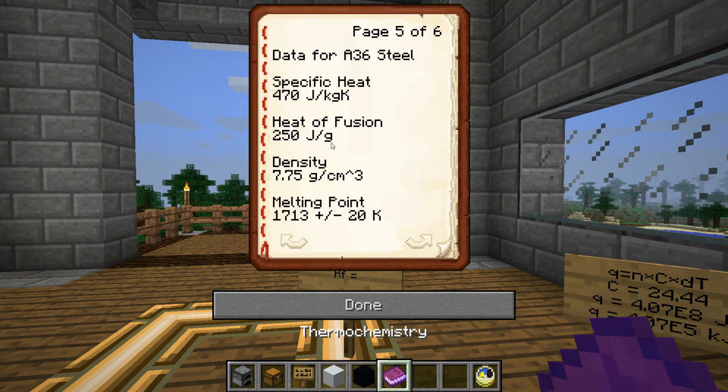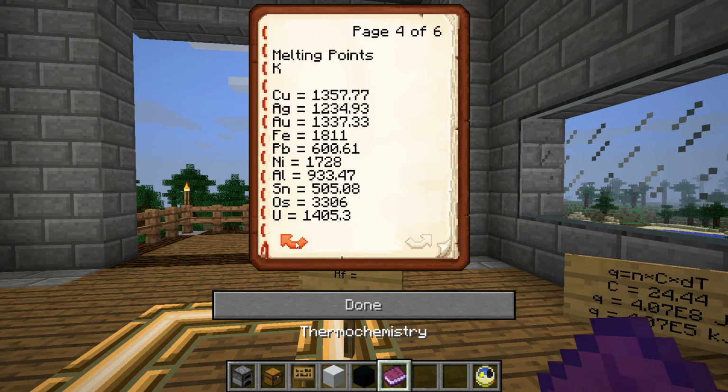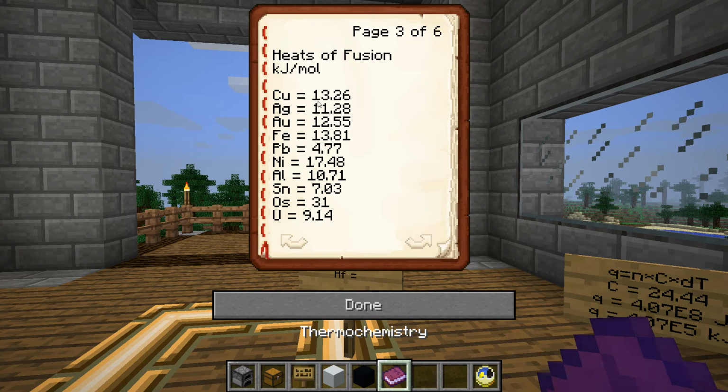Steel just cares about raw mass. Steel is 250 joules per gram, but in kilojoules that's 0.25, so that's relatively small as well. Steel's pretty easy to convince to melt once you get there. Keep in mind, though, that that's per gram, not per mole, so that's not an exact comparison. Really, steel is probably very similar to iron and nickel in its heat of fusion.